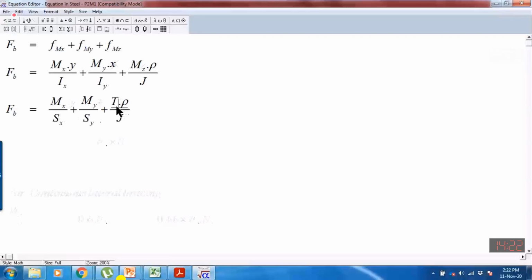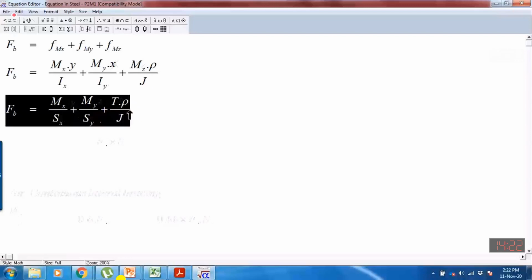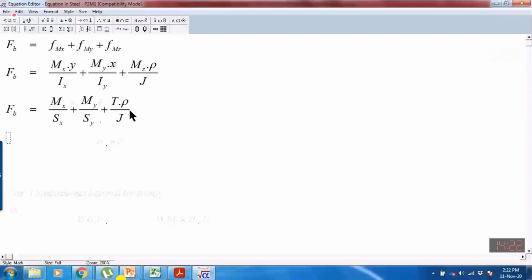So for simplification, we assume that the torsion stresses have the same magnitude as the stresses produced by the moment about the y-axis.